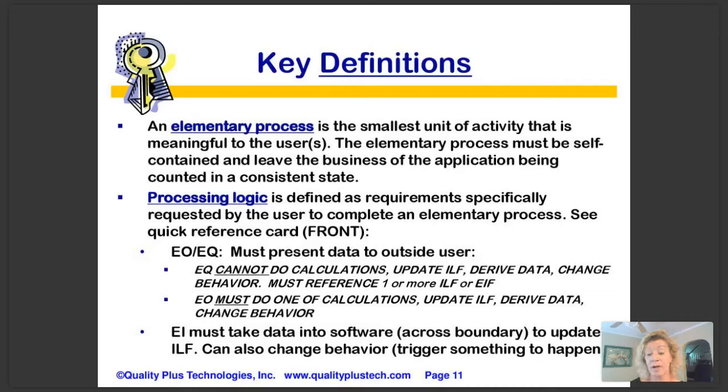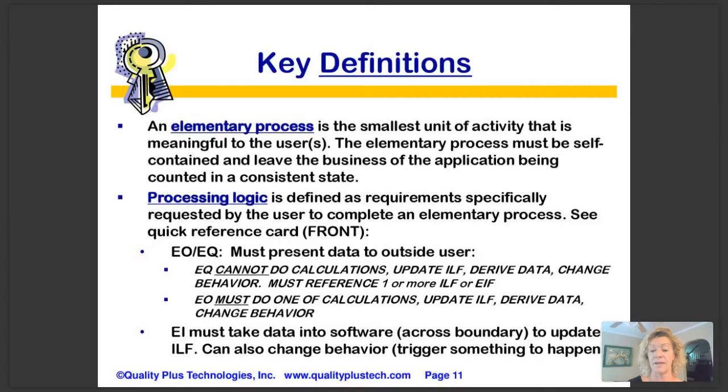If you have a report and in your case study it says this report comes out and we update the employee file to show that a check was produced, then we know it must be that process of updating the ILF and preparing the report would be an EO. An EI, remember, an external input, must take data into the software across a boundary to update an ILF. It can also change the behavior, so it can trigger something that could happen. So that's what an EI is.